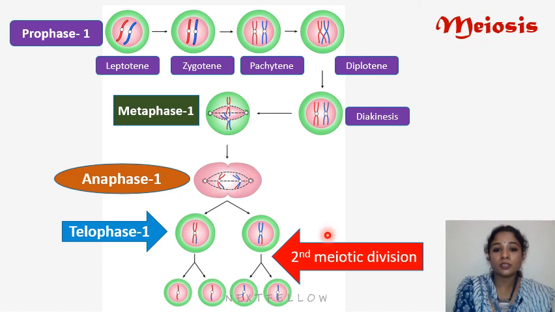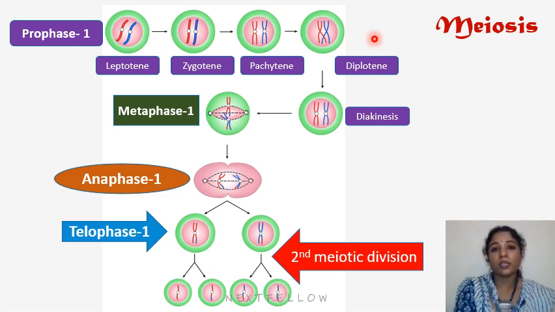And next it continues with the second meiotic division, which is essentially similar to mitosis, however it differs from mitosis in that the DNA does not duplicate. By the end of the second meiotic division, the two daughter cells of the first meiotic division form four daughter cells.